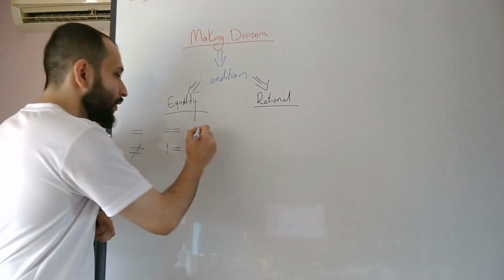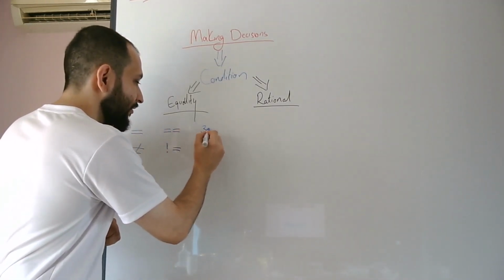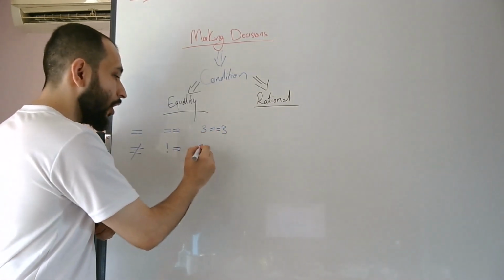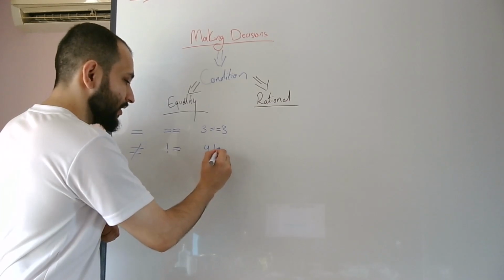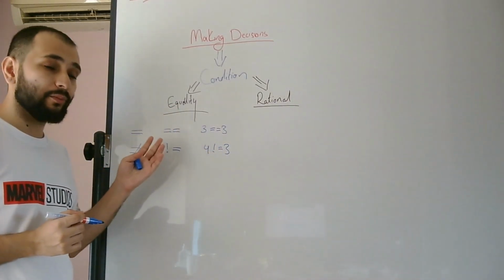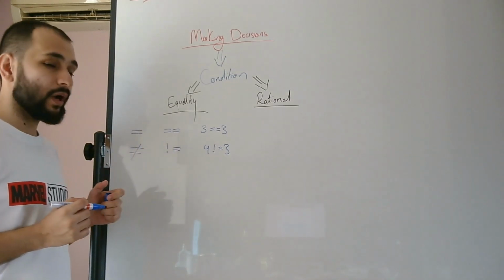For example, 3 is equal to 3, this is correct, right? Or 4 is not equal to 3. These are the two equality operators that we have in the C programming language.